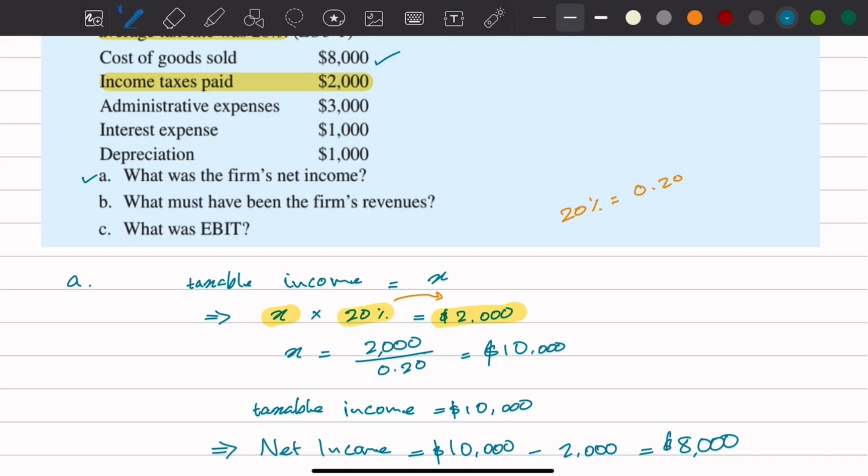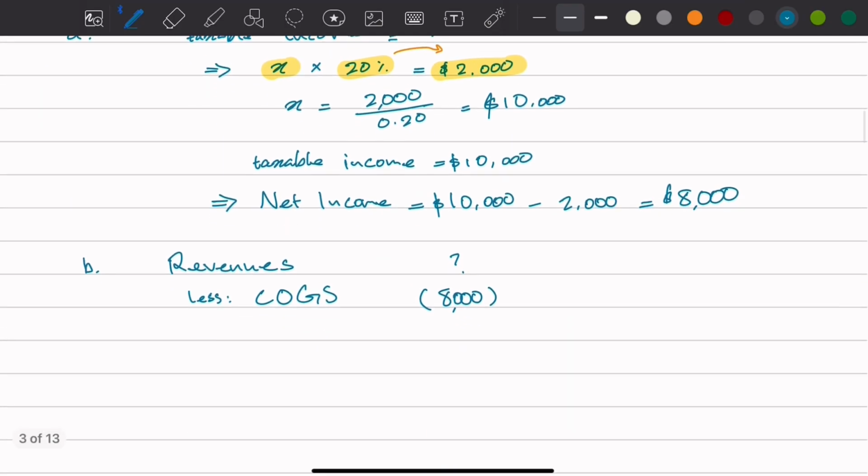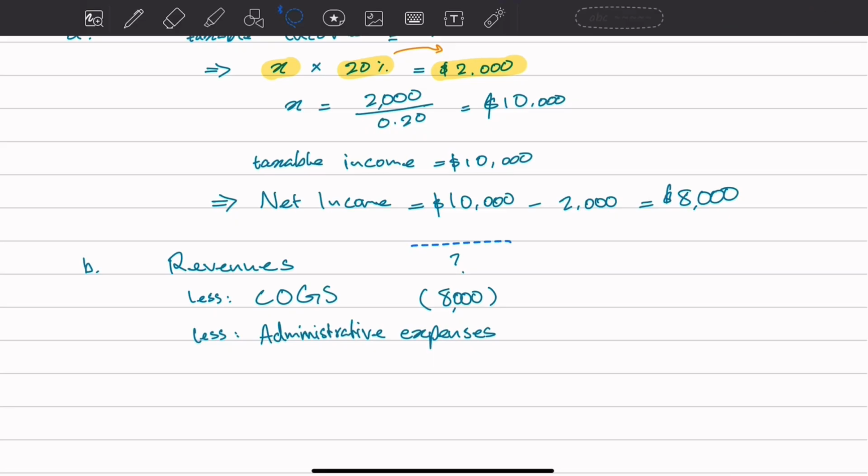So then we'll take out the administrative expenses. Let me just give myself a little bit more space here. Okay.